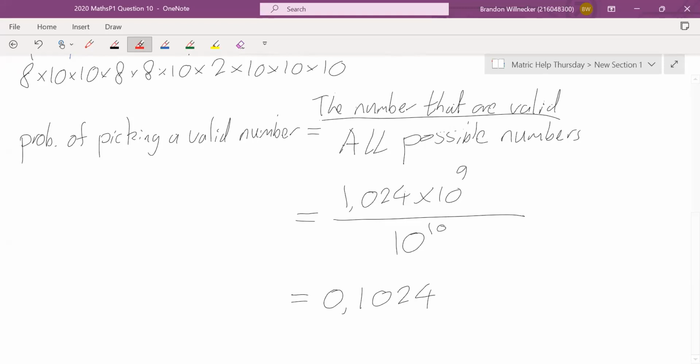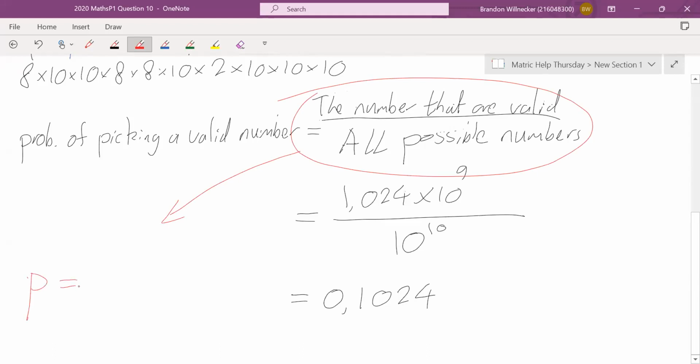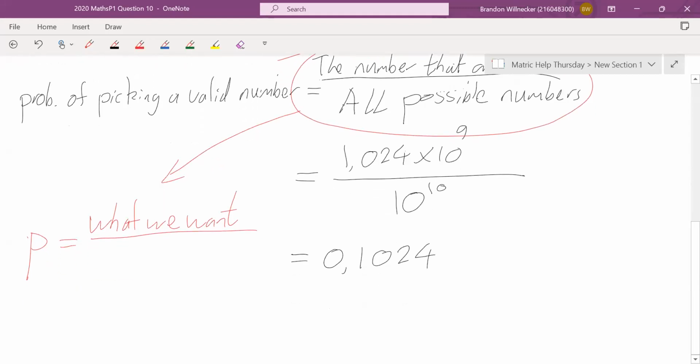And just a little side note, just talking about how we got this over here. Whenever you want to find probabilities of things, usually what we do is we look at what we want over all possibilities. This is just like a little mnemonic to help you out.